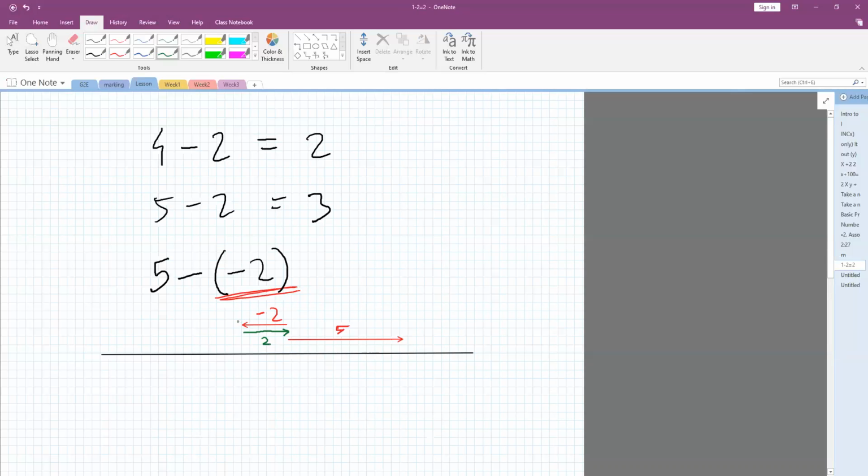So minus negative 2 will give you the opposite arrow, which is now pointing to the right. So it's like you have now 5 and then you add 2, which gives you 7. So this is the way we visualize when you do subtraction which involves negative number.